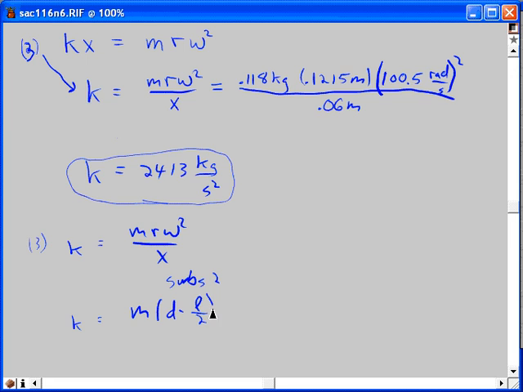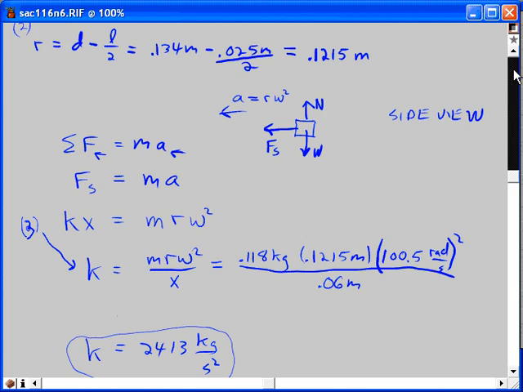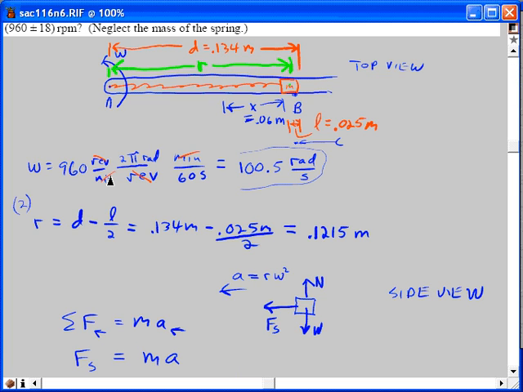L and D were given. I want to get this all in terms of givens as opposed to things that I calculated. And omega was given in terms of omega RPM, I'll call it. It was given in different units. I'm going to define this to be omega RPM. And I'll call this 2 pi radians per rev constant C1 and this one constant C2.